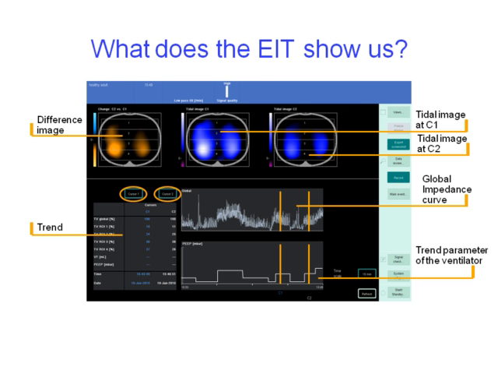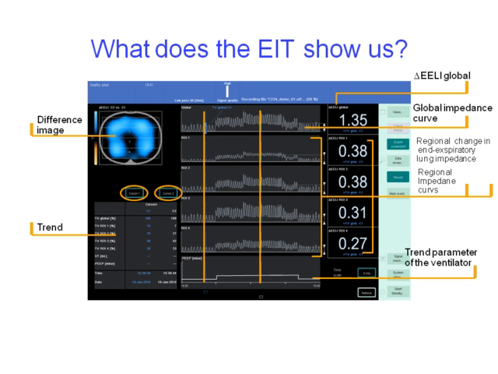In this case, you see, indicated by the orange color, a de-recruitment phenomenon. Next one, again, two maneuvers. The difference image now indicates, in light blue color, an increase. So obviously you see in the whole lung an improvement in the ventilation.